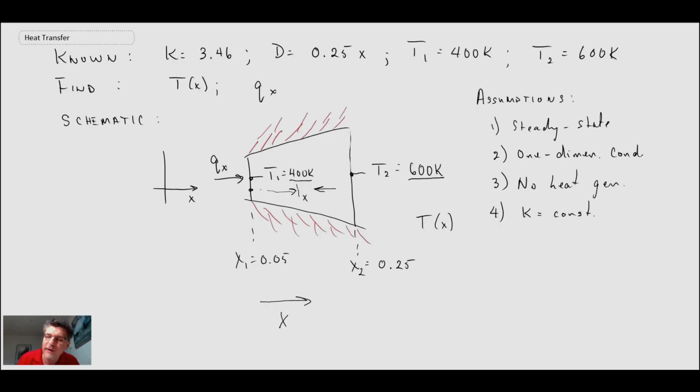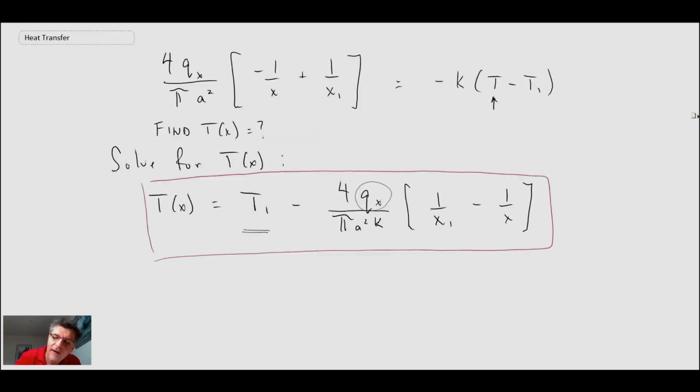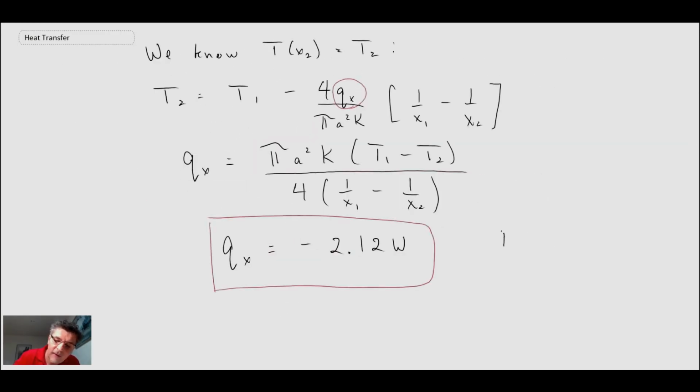And so what that is telling us is that the heat is going from x2 to x1, so it's consistent, it makes sense, and that's why it's a negative. So that is the alternative method for one-dimensional conduction in a conical section.